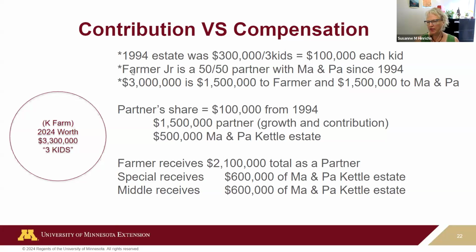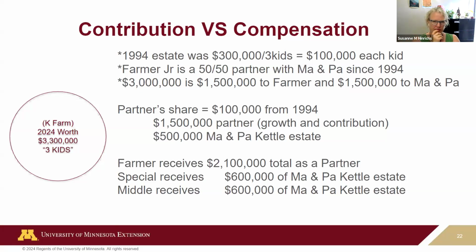So he's been working on the farm, and they've grown that farm to a value of about $3 million. So what they're thinking is that Farmer Jr. has half of that farm right now at about 1,500,000, and Ma and Pa's share of it would be about 1,500,000 too.